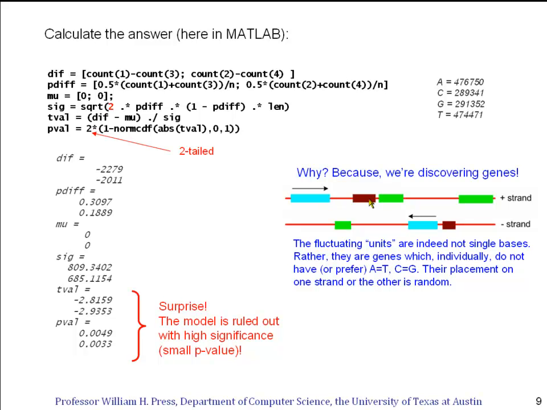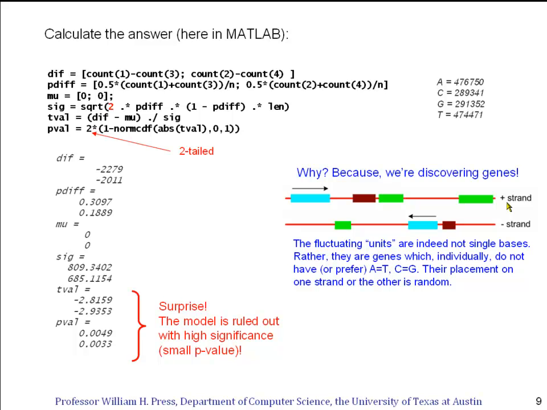So this might be one gene, this might be the next, this might be the next. And genes actually have a preference for biological reasons. It could be that this gene tends to be more A-rich and less T-rich, or that this gene tends to be more G-rich and less C-rich. So our hypothesis of independently random base pairs along a strand is just not true.